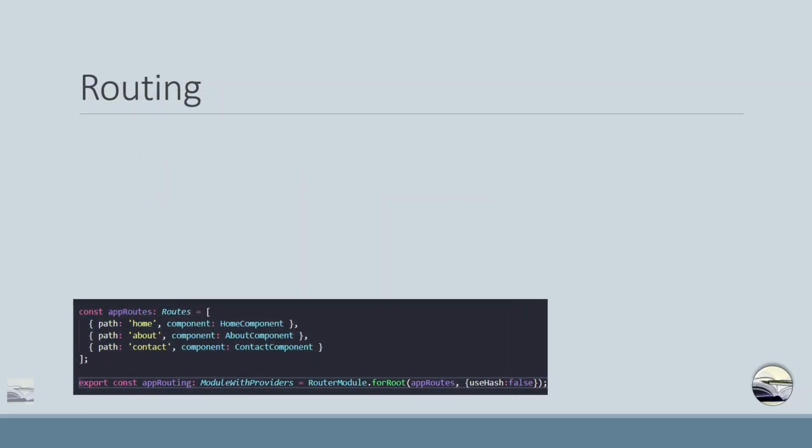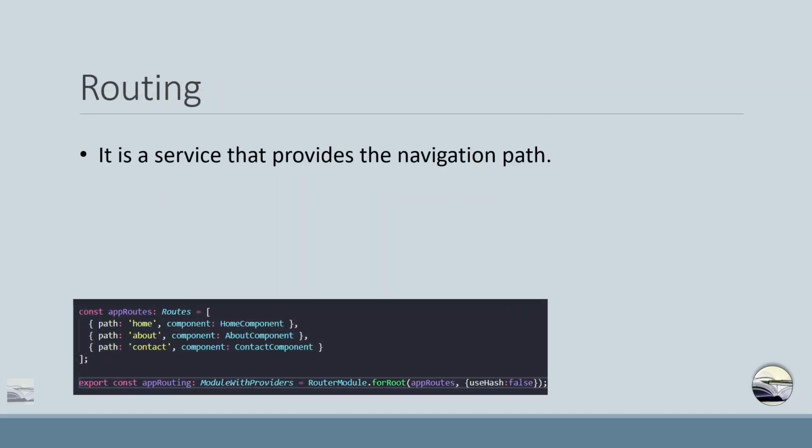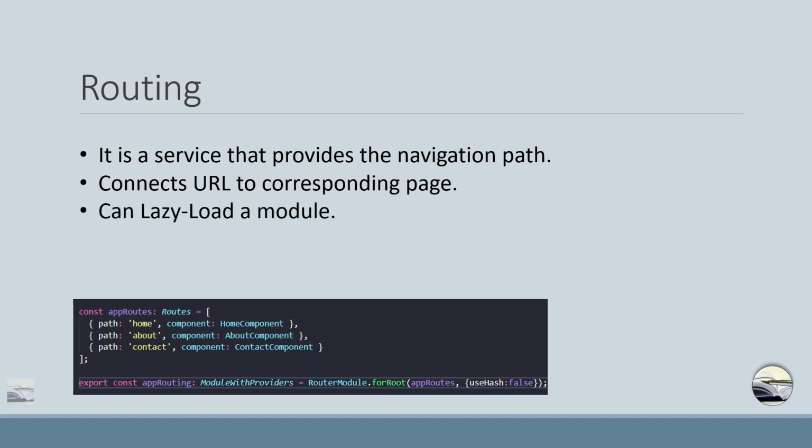Routing. Routing is basically a service that provides a navigation path. It connects the URL to the corresponding page or component. You can also lazy load a module using routing to bootstrap your application.